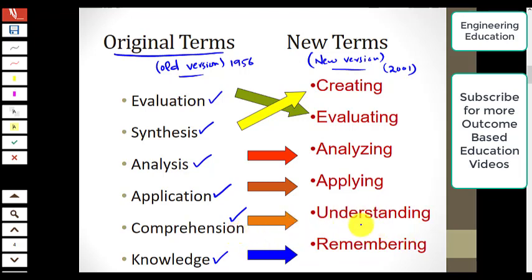Similarly, comprehension by understanding. Application was replaced by applying. Analysis was replaced by analyzing. Synthesis replaced by creating, while evaluation replaced by evaluating. There is only a change in terms.